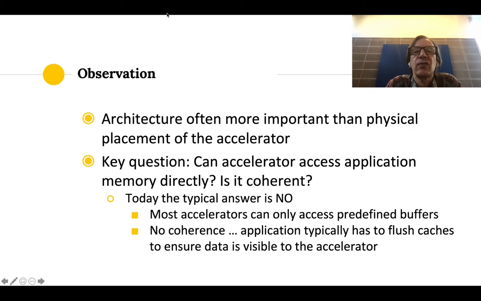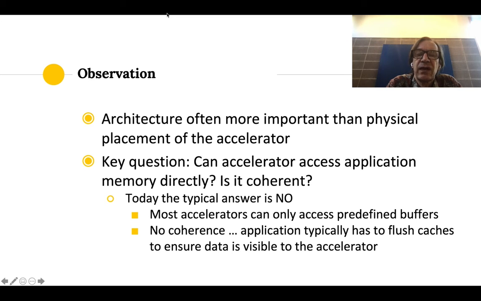This is where we will talk about OpenCAPI and similar interfaces in the future, right? So the physical location of the accelerator is less important than whether it has a shared view of system memory and whether it can coherently access system memory. So the typical answer today is no. Most accelerators depend on a CPU to transfer data to buffers that the accelerator can access.